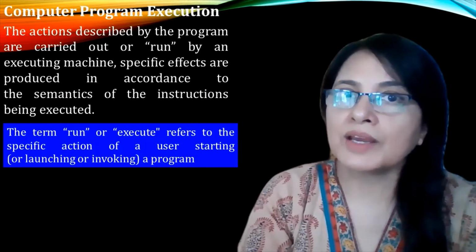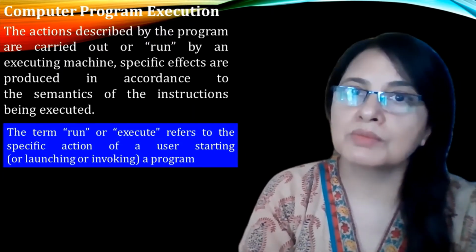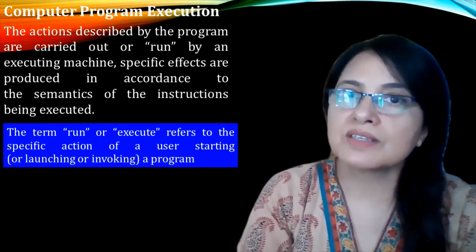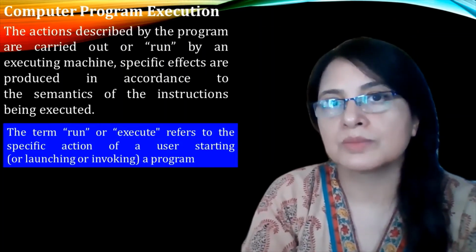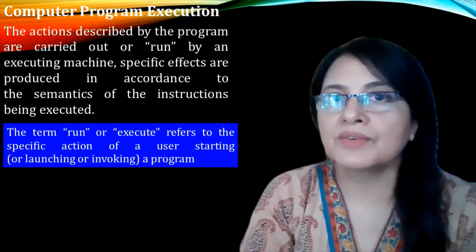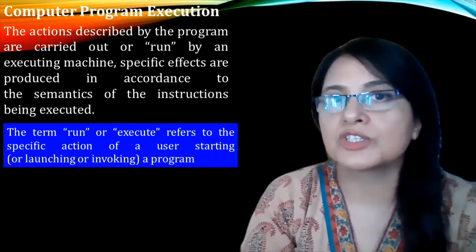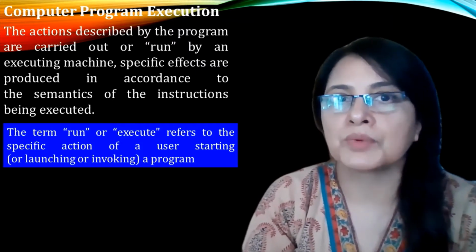So let's talk about computer program execution. The actions described by the program are carried out or run by an executing machine. Specific effects are produced in accordance with the semantics of the instructions being executed. The term run or execute basically refers to the specific action of a user starting or invoking that program.